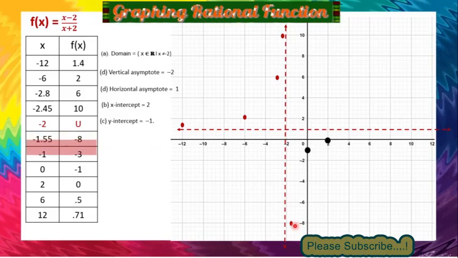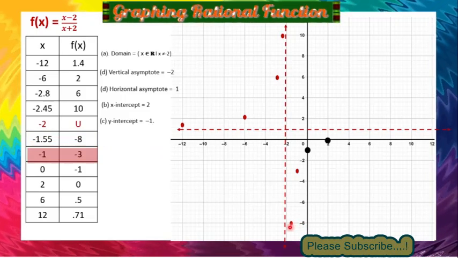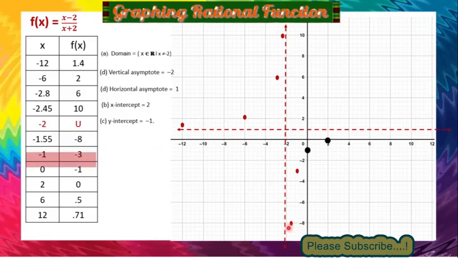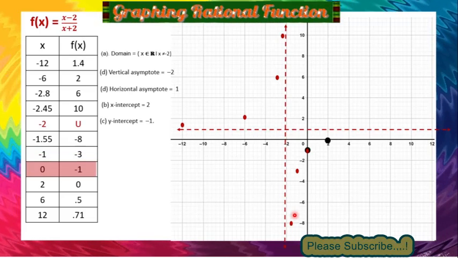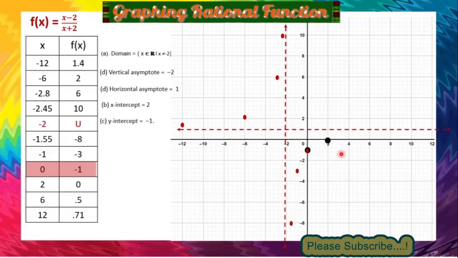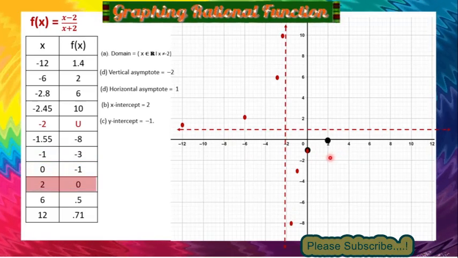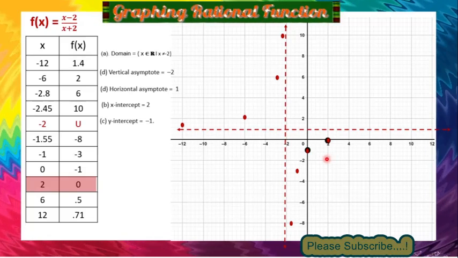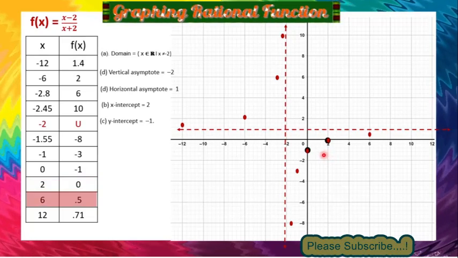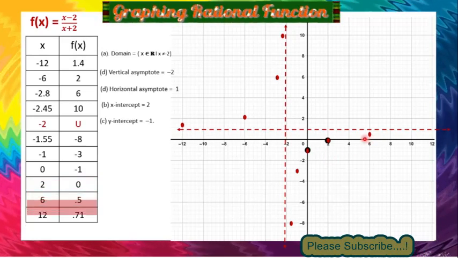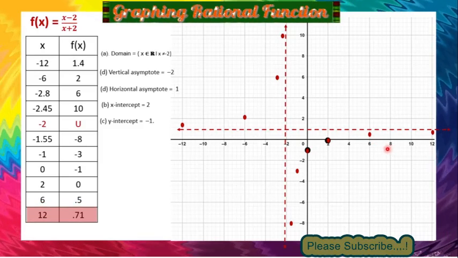Then next is -1 and 3, that point. Then 0 and -1 from the y-intercept. Then 2, our x-intercept. Then 6 and 0.5, that point. Then 12 and 0.71, that point.